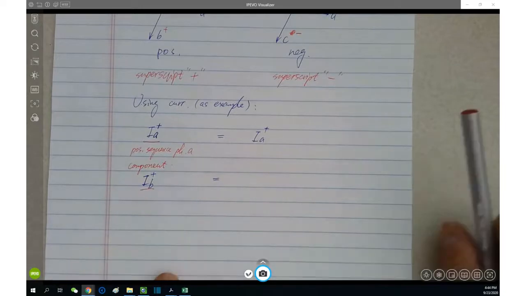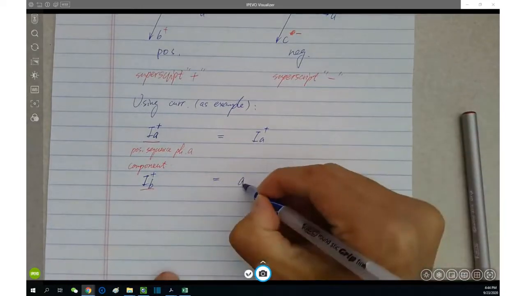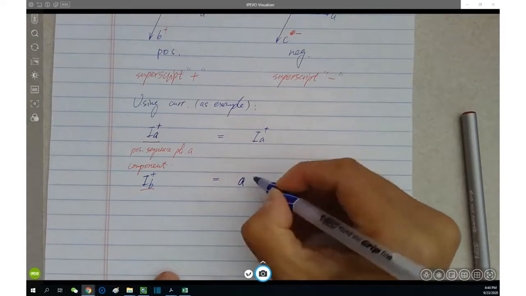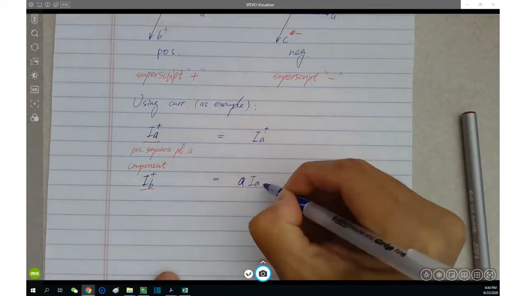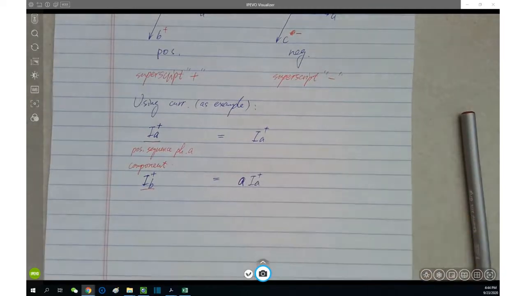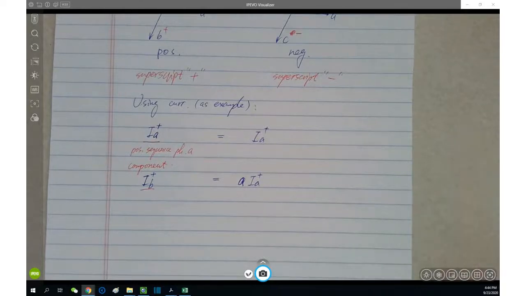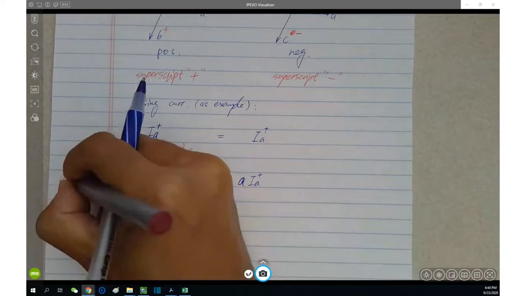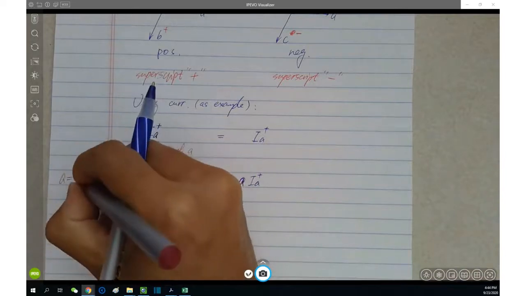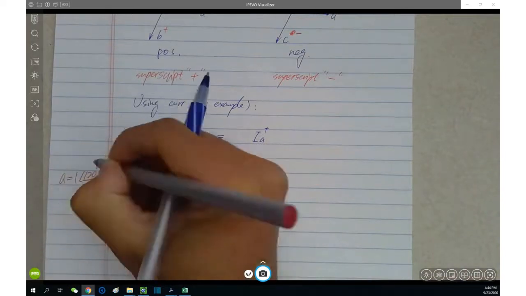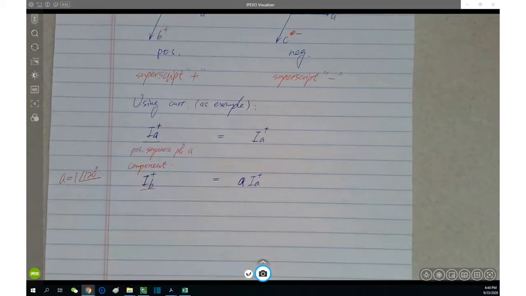And if we are using an operator A to express IB plus in terms of IA plus, well, A is an operator equal to what? Equal to a phasor with 1 as magnitude and positive 120-degree as the phase angle. IB plus equals A times IA plus. Does this make sense?